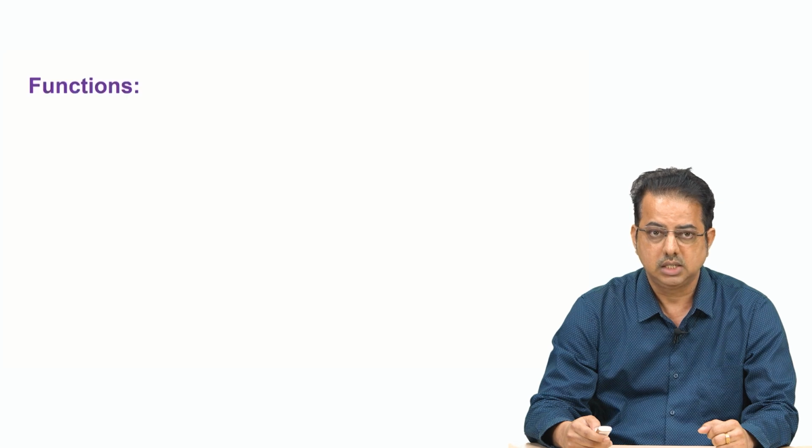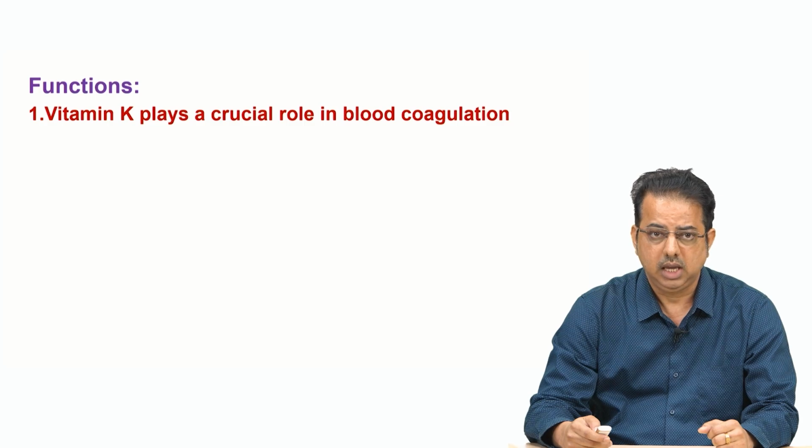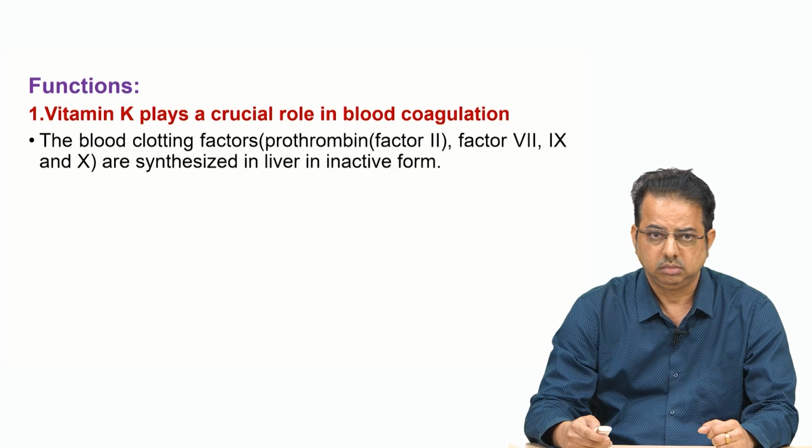Now, we will discuss the function of this vitamin. Vitamin K plays a crucial role in blood coagulation. Blood clotting factors such as prothrombin, factors 7, 9 and 10 are synthesized in the liver in inactive form.